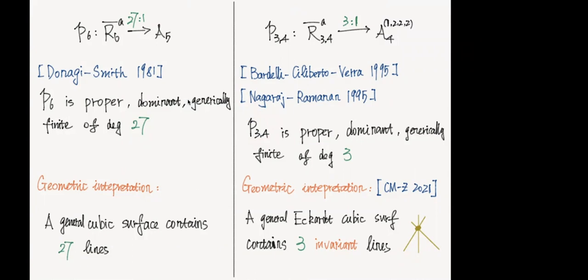It will correspond to the geometric fact that if I take an Eckardt cubic surface, which means a cubic surface whose equation is F plus L times x3 squared, a classical object of study, this surface also has an involution, and the involution will fix 3 lines.